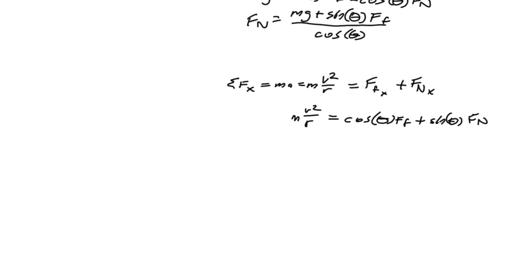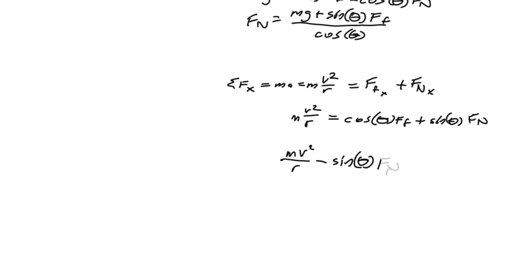All right, so let me kind of just restructure this a little bit. I could solve for the force of friction here. So let's see, mv squared over r. We're solving for the friction force, so let's subtract sine theta times the normal force.